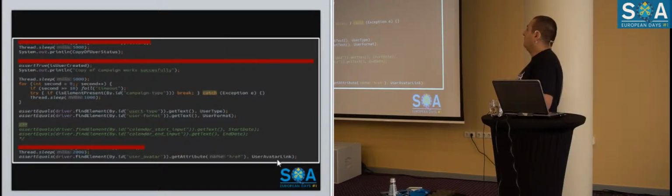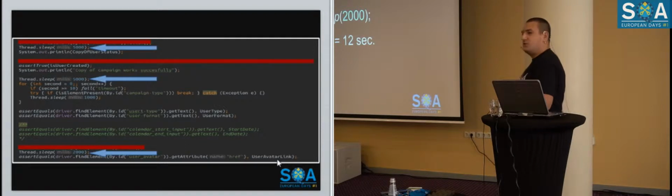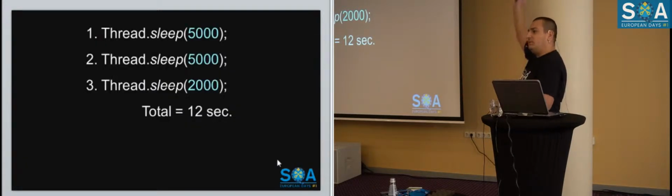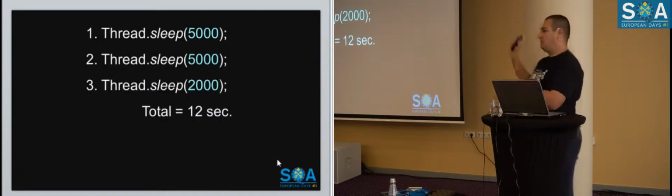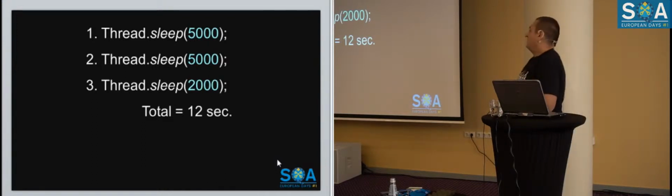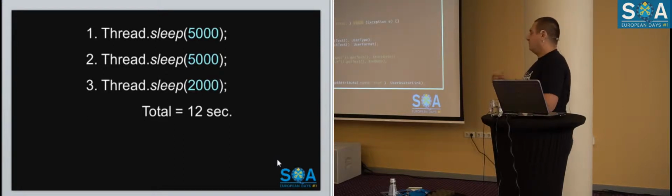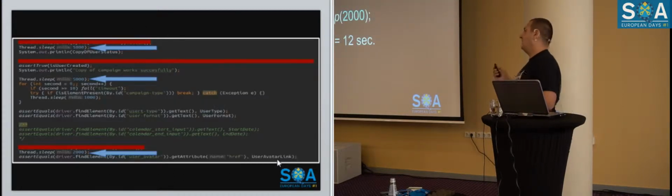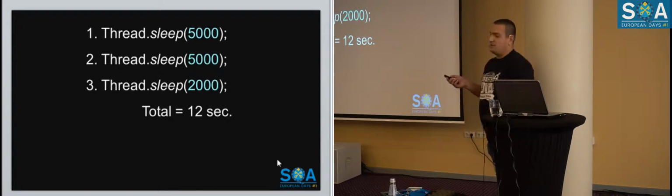This is not clear, which means it gets deleted. Thread.sleep. Who of the present writes code in Java? Okay, excellent. Such people should know what that means. Thread.sleep takes milliseconds, like 35,000 is 35 seconds, and in this part of the code the sleeps total 12 seconds.